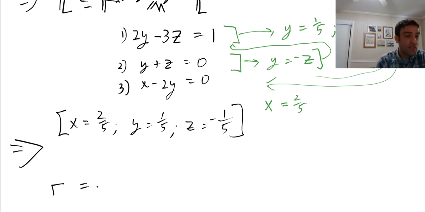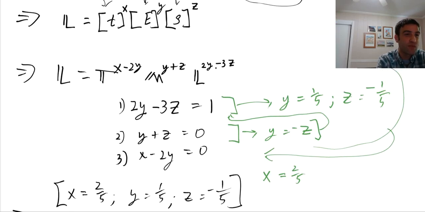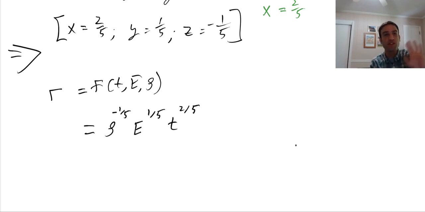Remember, I had r equal to some function f of t, energy, and density. To get the units right, r has to look like density to the minus 1/5, because z, the minus 1/5, was the thing sitting in front of the density. So this function has to be density to the minus 1/5 multiplied by energy to the positive 1/5 multiplied by time to the 2/5, times something that doesn't have any dimensions associated with it at all.